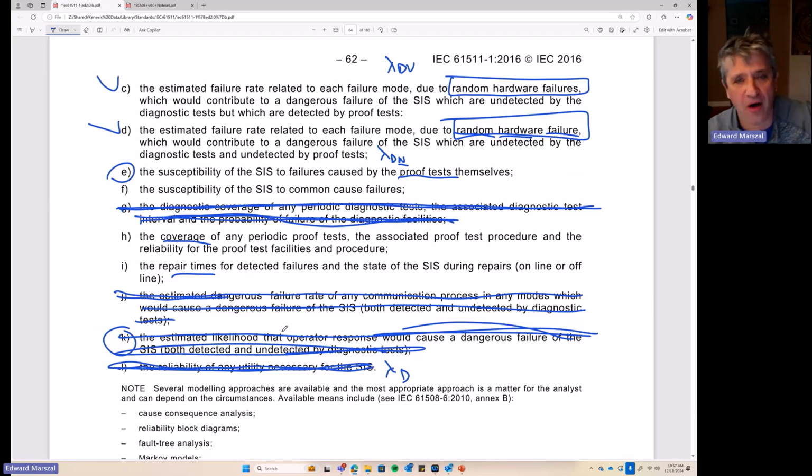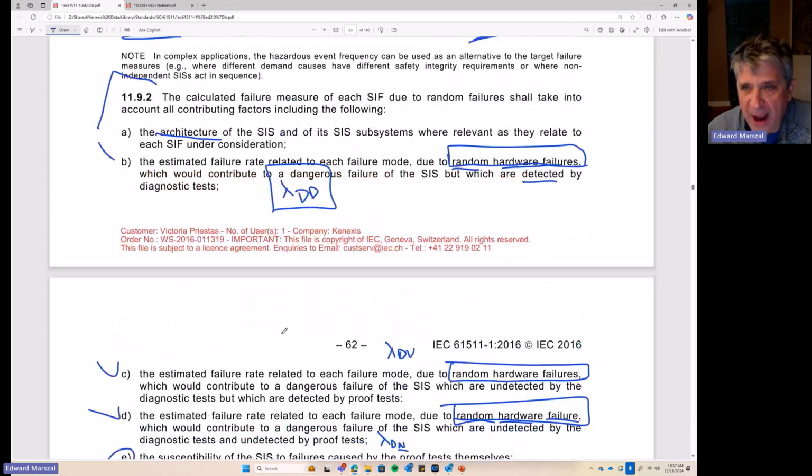So we're going to throw all that stuff out. And now we're back to random hardware failures. Random hardware failures, random hardware failures. Hopefully at this point in time, I've been able to convince you that we don't want to include the failure of the human being in our PFD calculation.